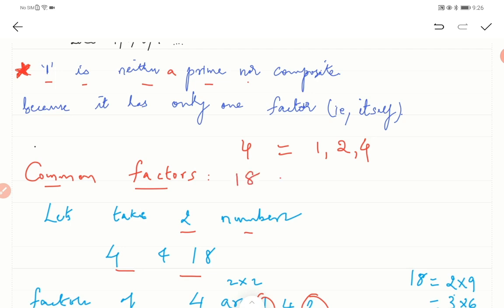What about 18? The factors of 18 are 1, and 2 also, you'll get this.